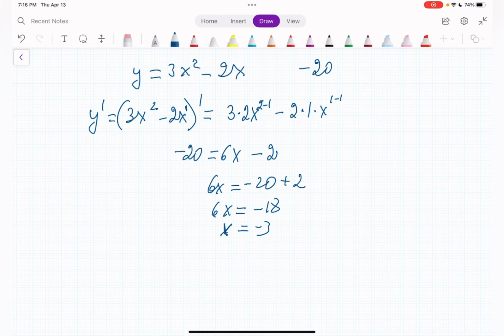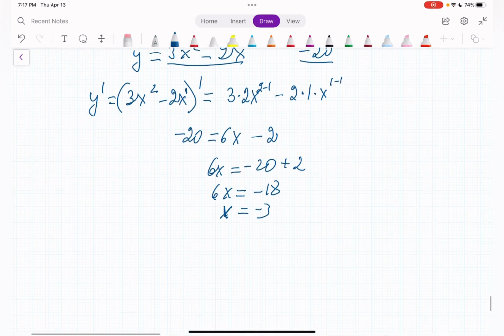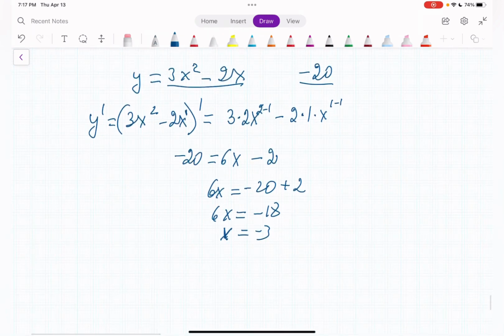Since we need to know at what point the slope equals negative 20, we plug in negative 3 into my original equation to find which point y and x is going to give the tangent line negative 20.